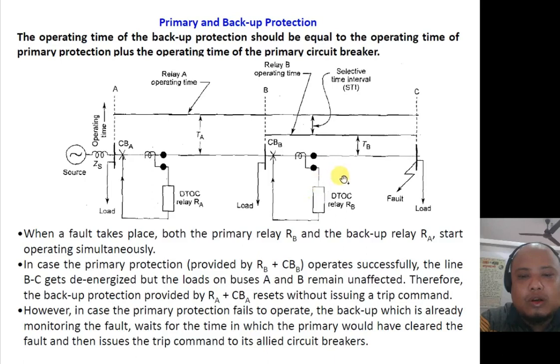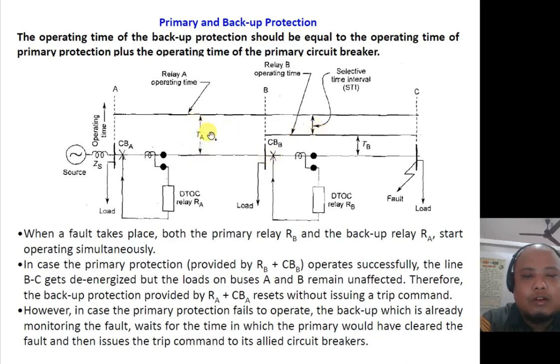Suppose the operating time of this scheme is TB, and the operating time of this relay plus this circuit breaker is TA.